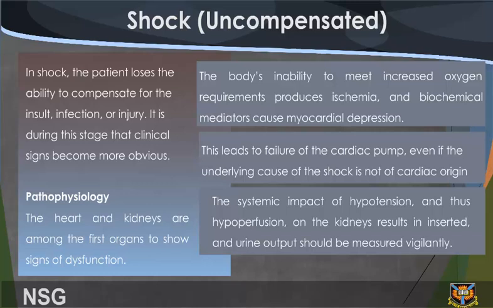The body's inability to meet increased oxygen requirements produces ischemia, and biochemical mediators cause myocardial depression. This leads to failure of the cardiac pump, even if the underlying cause of the shock is not of cardiac origin. The systemic impact of hypotension and thus hypoperfusion on the kidneys results in oliguria, and urine output should be measured vigilantly.